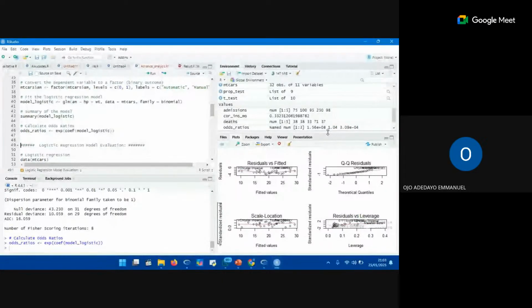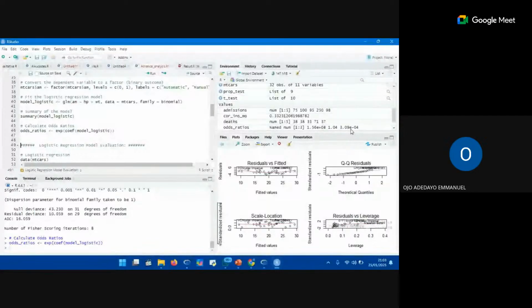The second odd ratio is 1.04. Then the third odd ratio is 3.09 raised to the power of -4. The first one is for the intercept, then the horsepower, and then 3 point this for the weight.